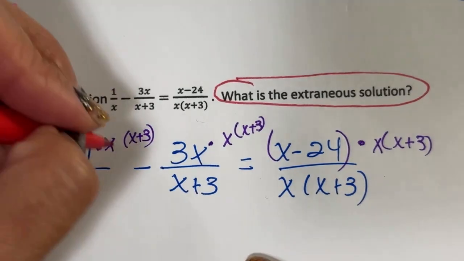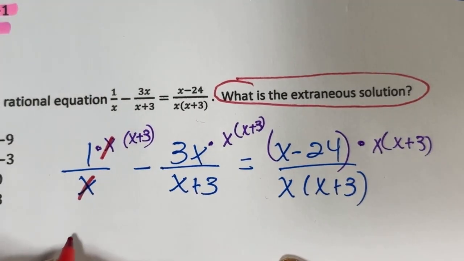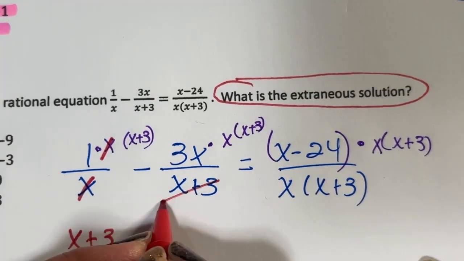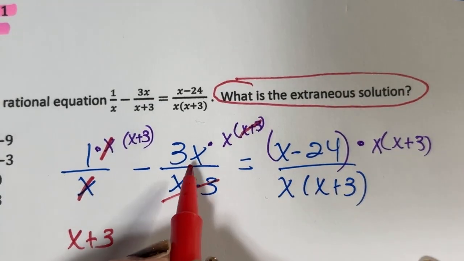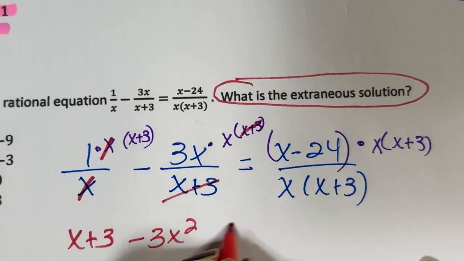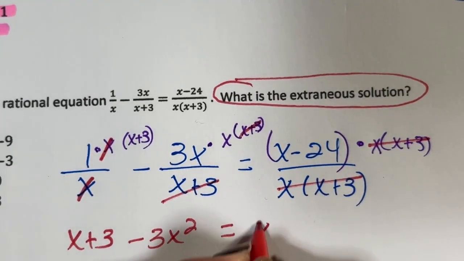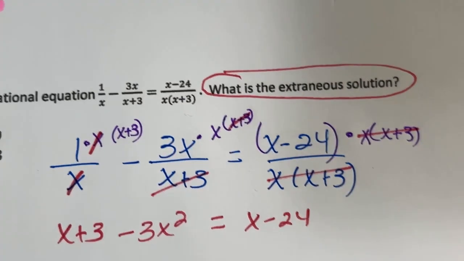So when I do that, these x's will cancel. So all I will have left is 1 times x plus 3, which is just x plus 3. You could take the parentheses off. Over here, the x plus 3's cancel, so all we have left is a negative 3x times x, which is a negative 3x squared. And then everything cancels over here, so then I could take those parentheses off, x minus 24.